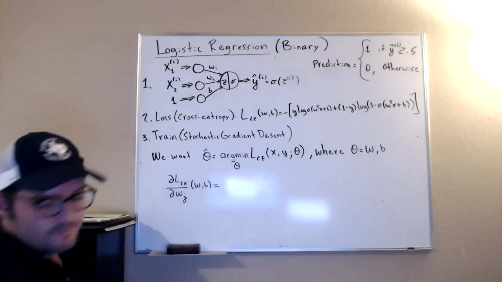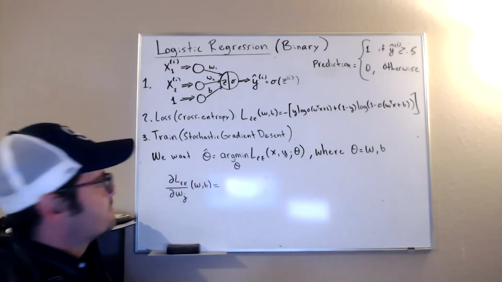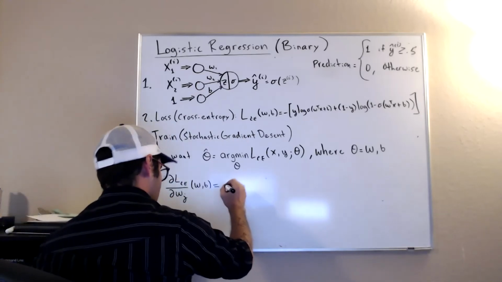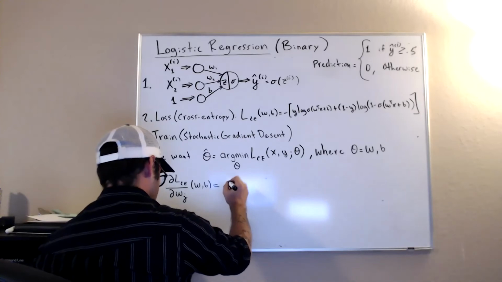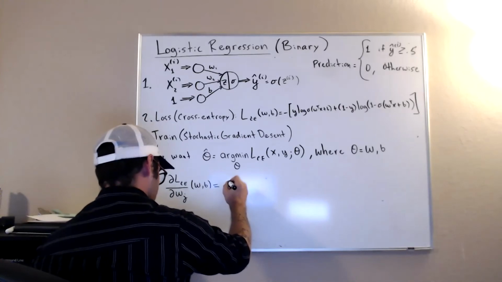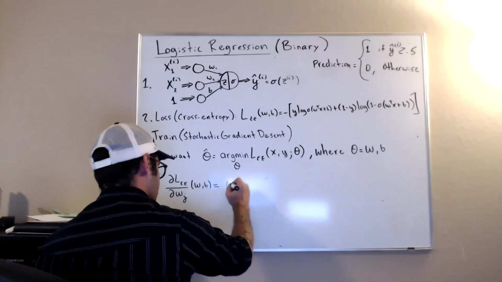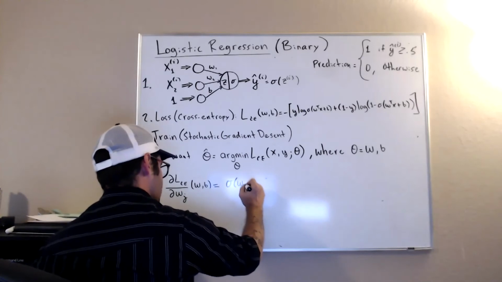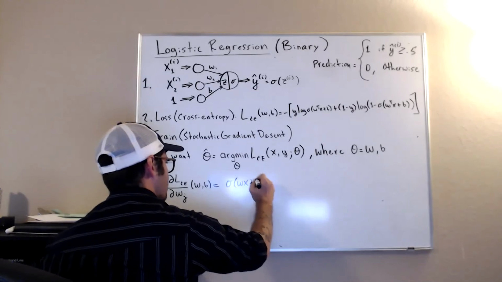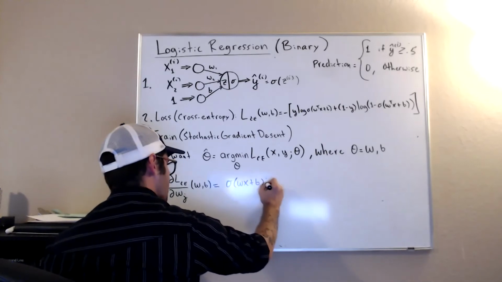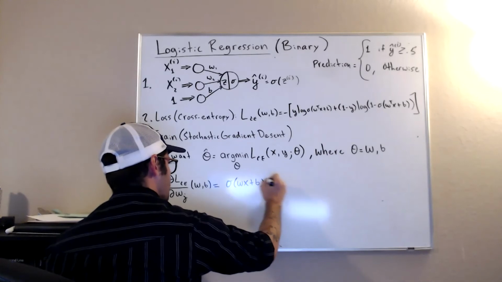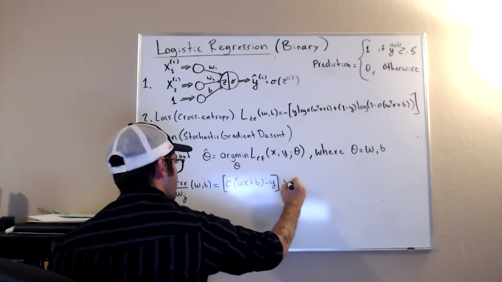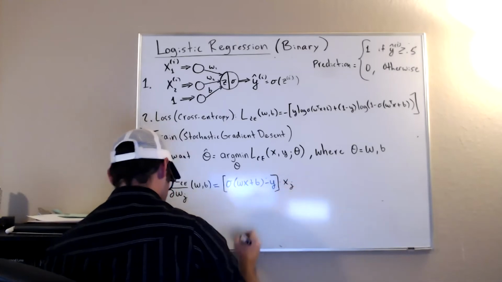this is going to turn out to be actually not so bad. It's going to be sigma of wx plus b, minus y, times xj.